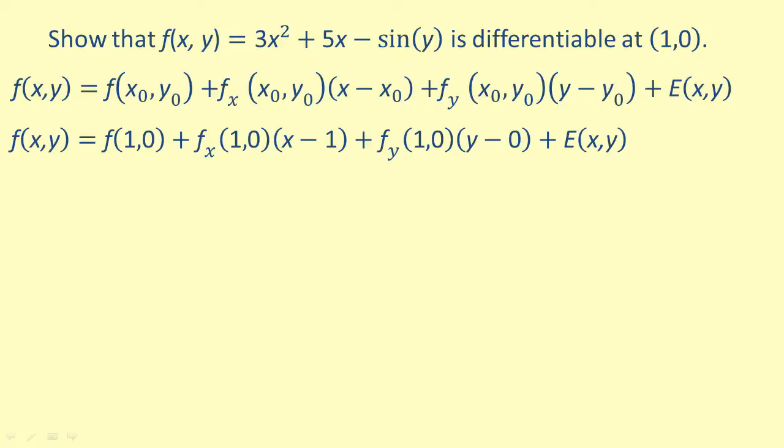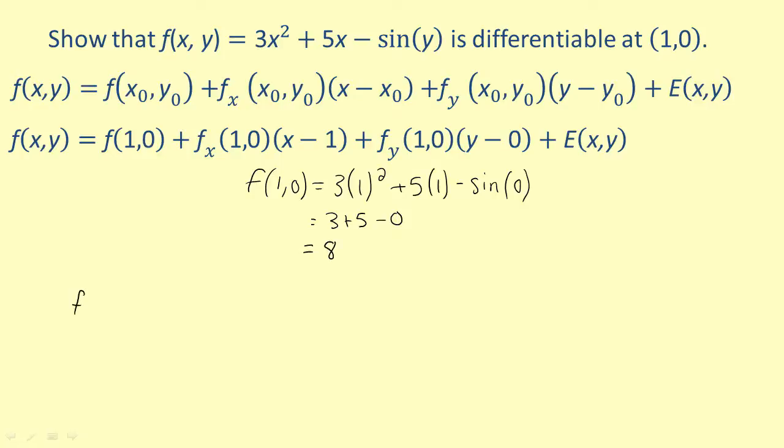Let's find f(1, 0) first. Substituting 1 for x and 0 for y gives us 3 times the quantity 1 squared plus 5 times 1 minus sine 0. This is equal to 3 plus 5 minus 0, which is 8. Taking the derivative of f with respect to x gives 6x plus 5.